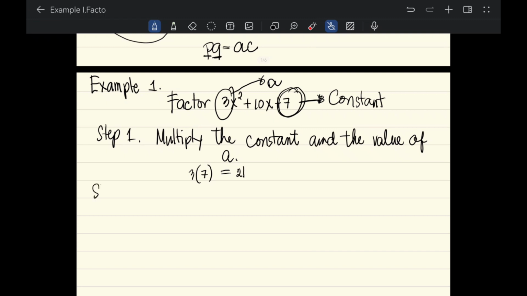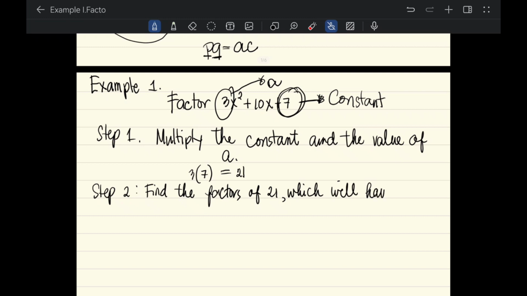Step number 2, find the factors of 21 which will have a sum of 10.